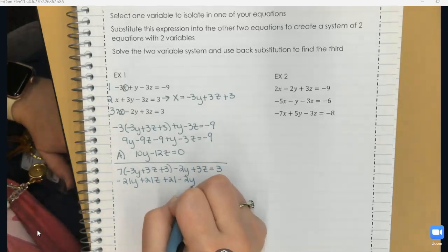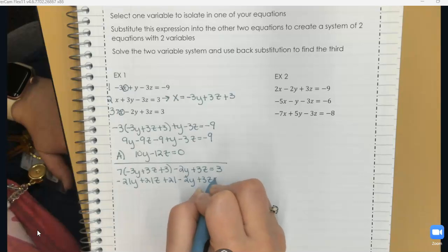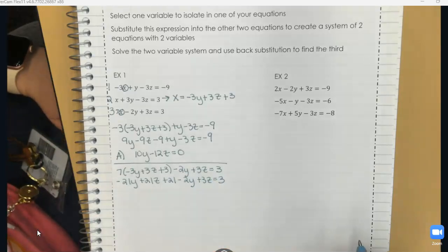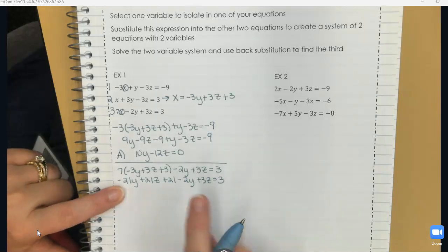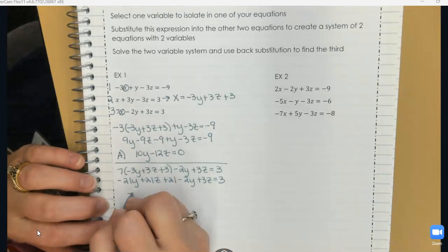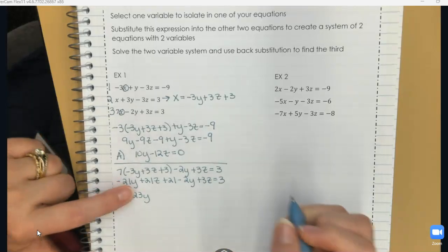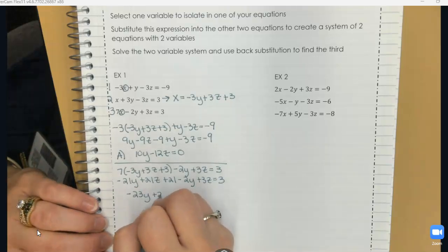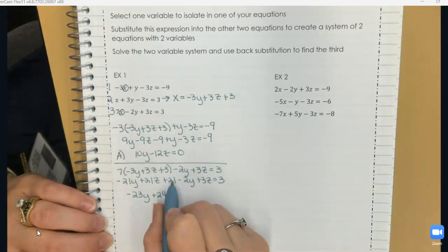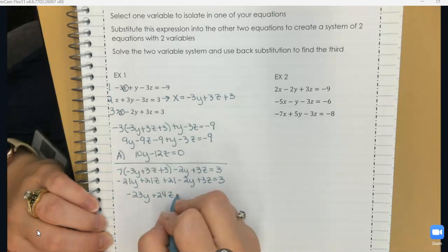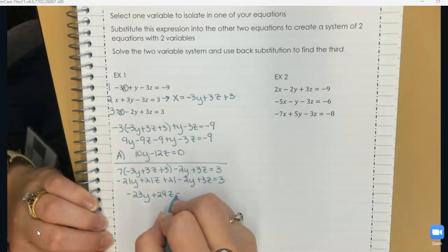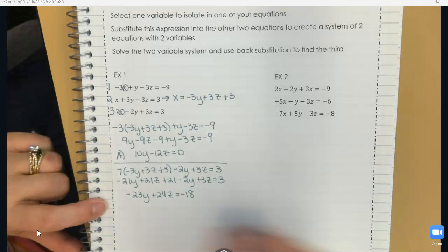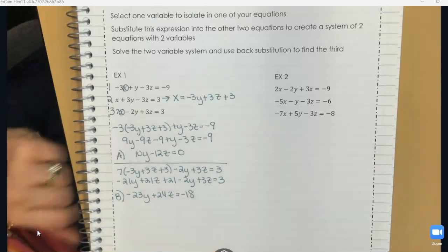And then outside I had minus 2y plus 3z. And now I can combine all of my like terms. Negative 21y minus 2y is negative 23y. 21z plus 3z is 24z. And then if I move the 21 to the other side with subtraction, that will give me negative 18. So this simplified equation I am now going to call B.